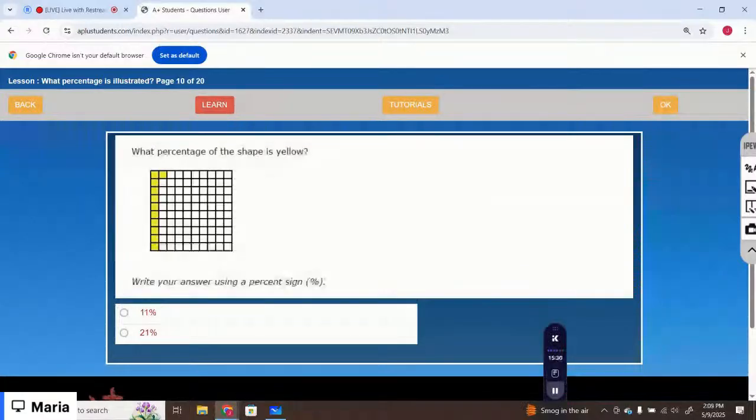What percentage of the shape is yellow? Which is the correct option? That is 11%. Option number one is the correct option.